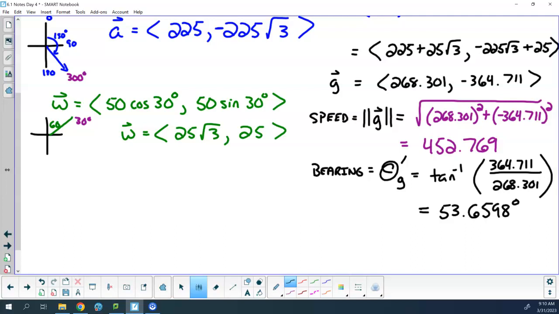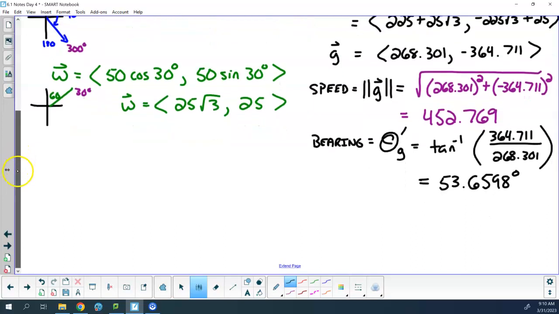Okay? So now we've got to figure out where this vector is. It's not like when we were doing trig and we had a reference angle, and then we either added it to 180, subtracted it from 180, or subtracted it from 360. What quadrant is this vector G in? It's in the 4th quadrant because it's positive and it's negative. So it's in here.